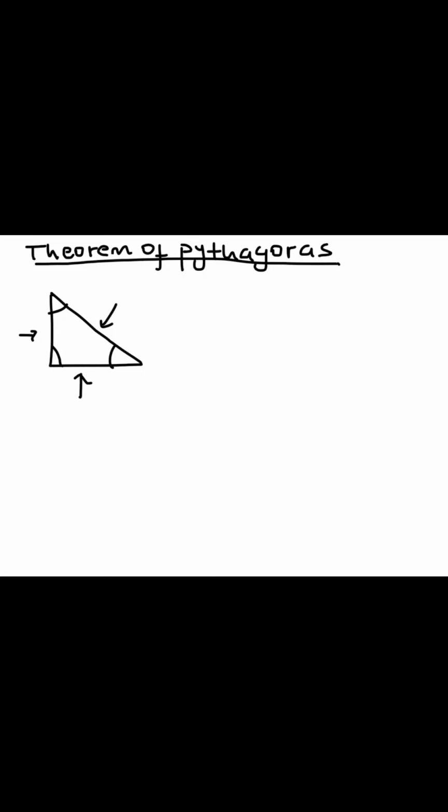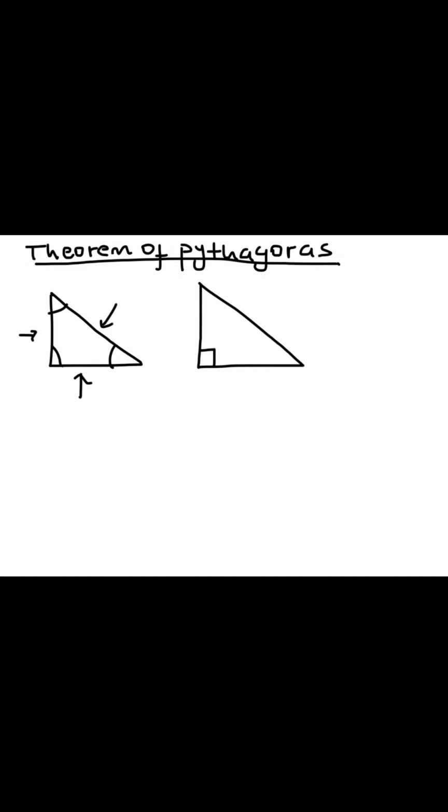So the special type of a triangle that we are going to be looking at is this one that has a 90 degree there. You see, at that corner, it should be that box. This is the only thing that tells you that you are now dealing with a right-angled triangle, where one of the inside angles is equals to 90 degrees.